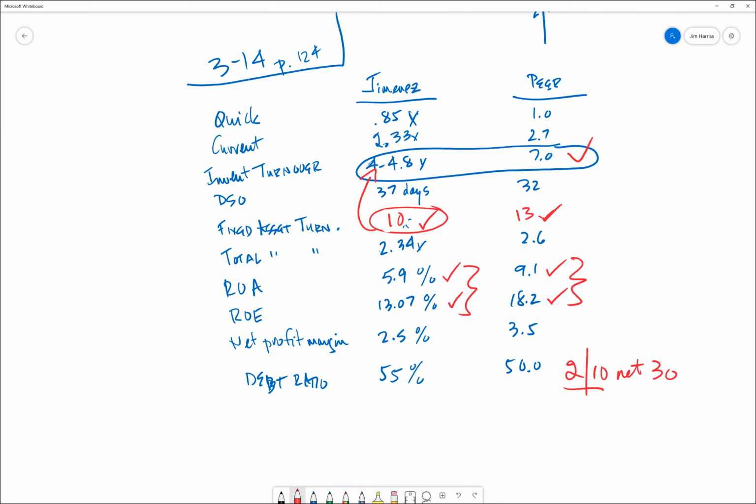Okay, so what does that do? After you've sold all this inventory with a credit policy like that, you should be collecting whatever is outstanding faster. So that's going to reduce your DSO. This is going to go back down.